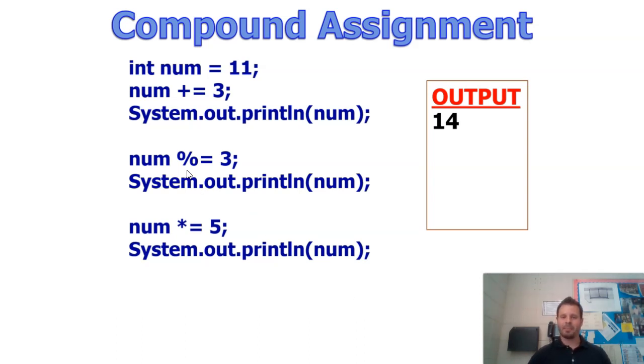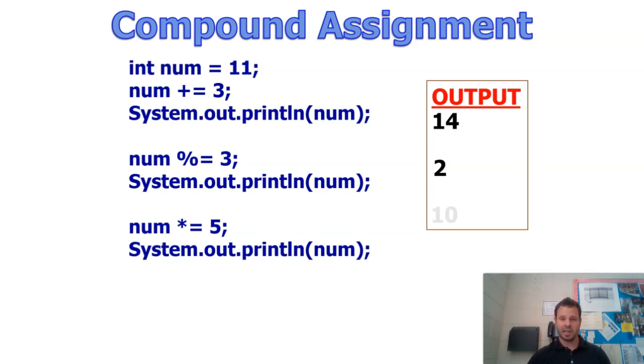The mod compound assignment statement works the same way. So this is going to reassign num to whatever the current num mod 3 is. Let's see here. 3 goes into 14 4 times with a remainder of 2. So when I print that, I should get a 2 out. And then the multiplication, division, subtraction works the same. This statement says to take num and reassign it to num times 5.